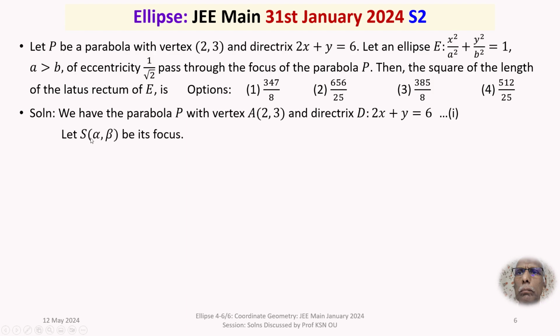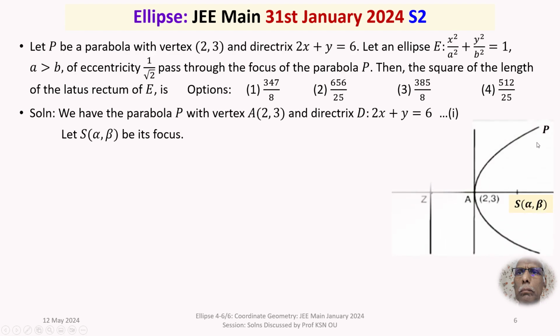Let S, with coordinates (alpha, beta), be the focus of this parabola P. This is the parabola P, with vertex at A (2, 3) and its focus S with coordinates (alpha, beta), and the directrix of this parabola is given here, D, whose equation is 2x + y = 6.